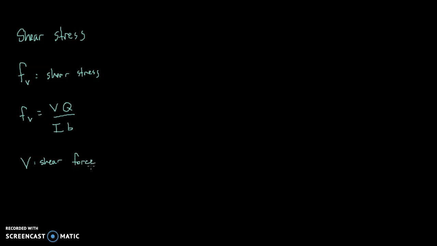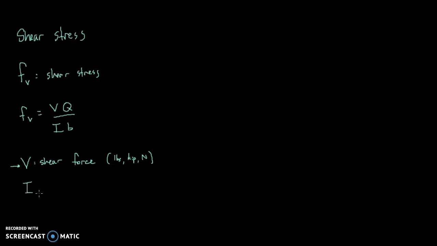So again, we did shear and moment diagrams in the last chapter. What we were determining using those diagrams is the shear force. So this is going to be in pounds or kips or newtons or kilonewtons or whatever metric prefix you happen to be using.